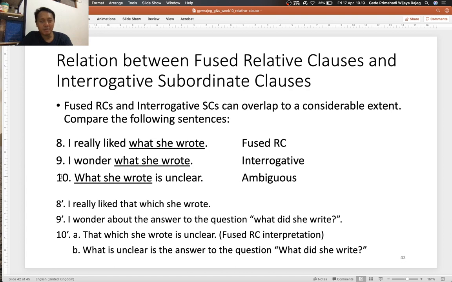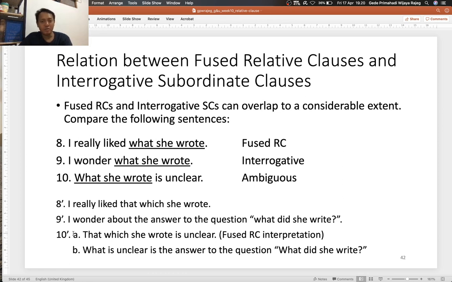But in number 10, you can have two possible interpretations. If you interpret example 10 as a fused relative clause, interpretation A comes up: that which she wrote is unclear. That would be the fused relative clause interpretation.